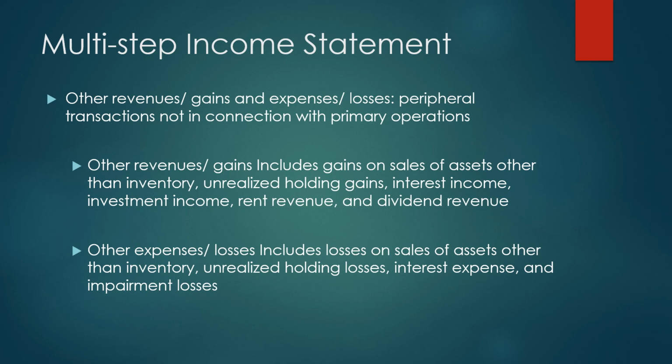So other revenues and gains would include sales on assets other than inventory, unrealized holding gains, interest income, investment income, rent revenue, and dividend revenue. Other expenses and losses would include losses on the sale of assets other than inventory, unrealized holding losses, interest expense, and impairment losses.